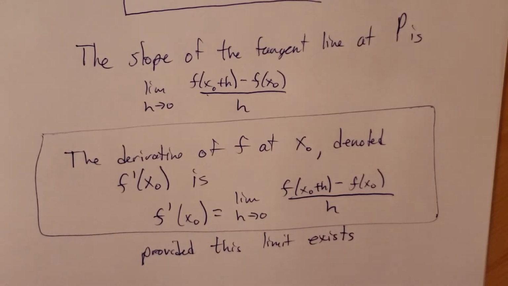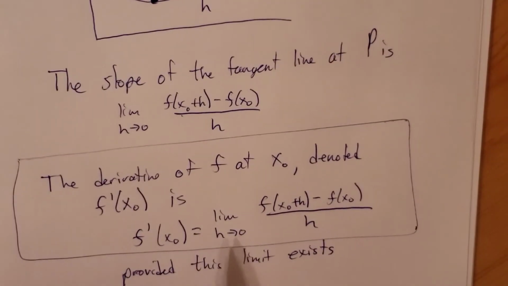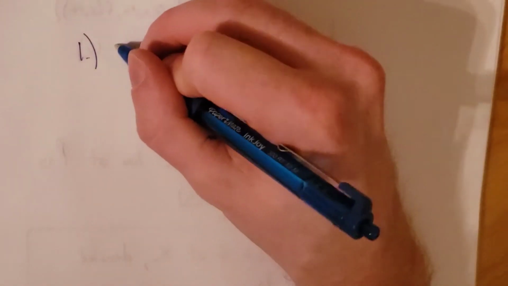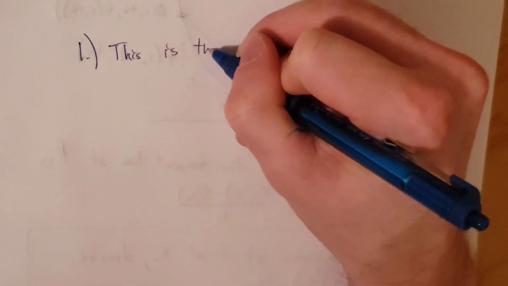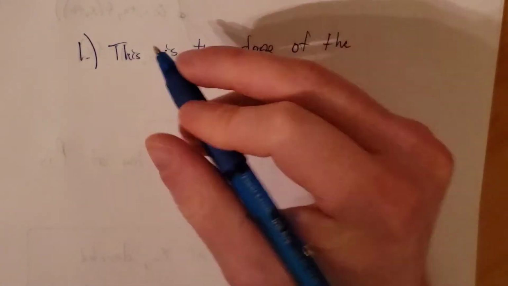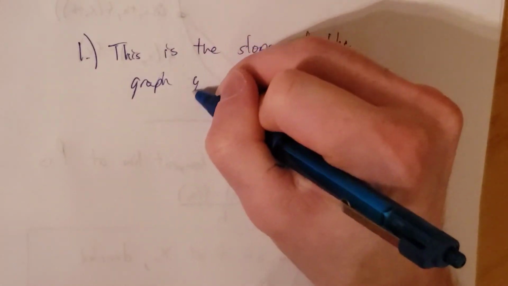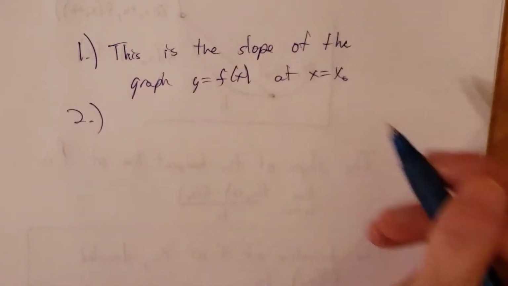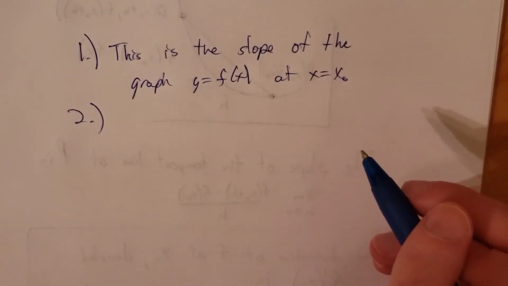Now, there's a few things to say about that, and that is that there's a few ways to interpret this statement. The first one is the slope of the graph y equal to f of x at x equals x naught. That was our first way to interpret this idea of a derivative.